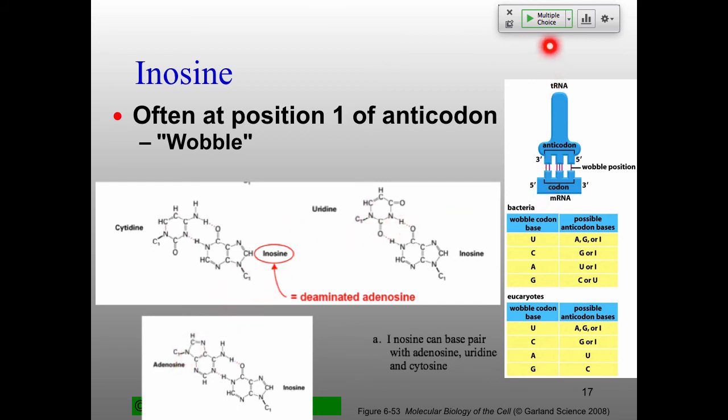So here is our tRNA at that first position, again, always anti-parallel. You have inosine in many cases, and then two other nucleotides. These nucleotides are almost always going to base pair in a normal way, whereas in the wobble position, sometimes you'll have I, and in a couple of cases, you can actually have uridine, which can base pair with G. Eukaryotes seem to be a little bit more stringent in terms of what they use, whereas bacteria are a bit more wobbly and loosey-goosey, as it were.